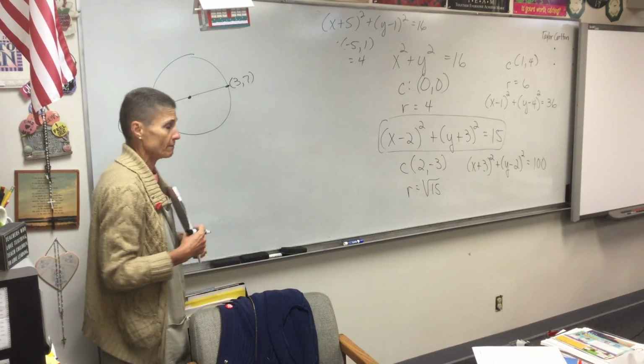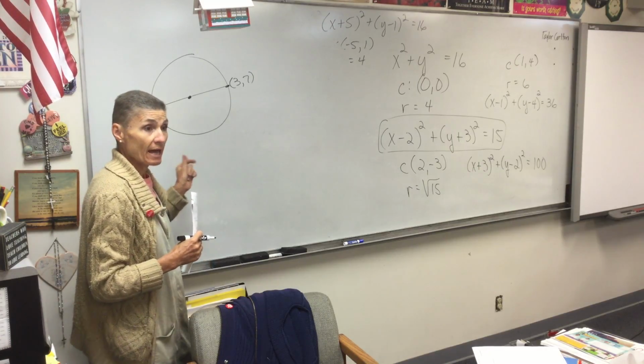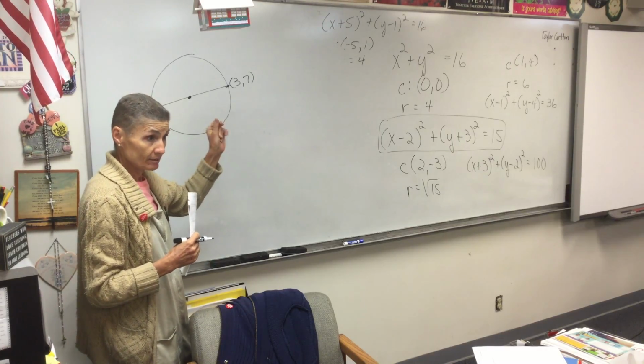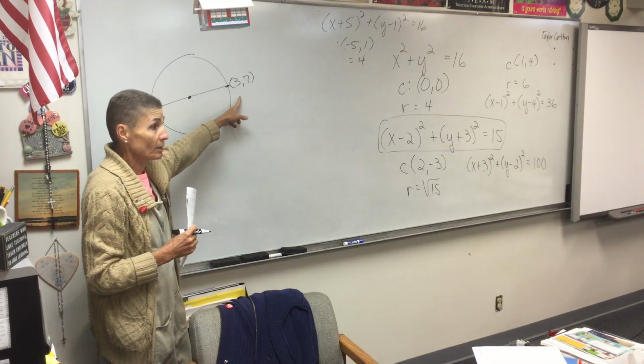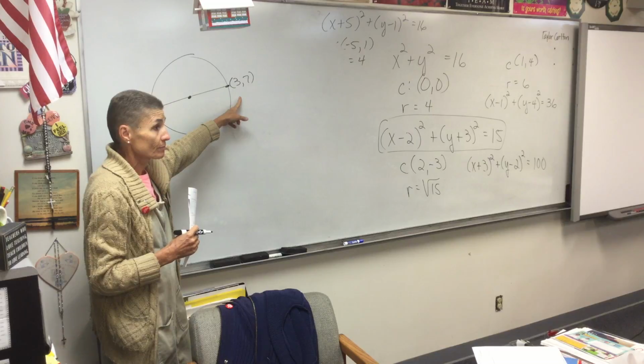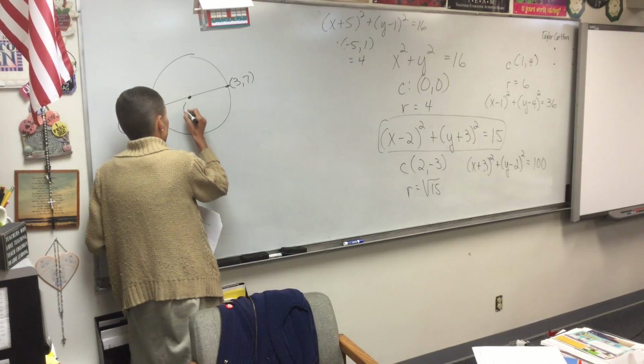All right, so let's review. How do we do midpoint? Add them, average, right? So we're going to add them, negative 1 plus 3 divided by 2. I got 1.